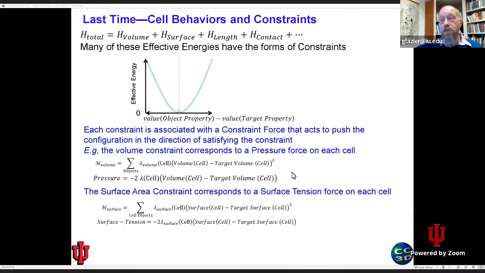So if we have a volume constraint, this is basically the equivalent of the ideal gas law. Think of a balloon full of gas. That balloon will have an equilibrium volume. If we compress it, we have to push on it. If we want to expand it, we have to pull on it. That expansion or compression is related to the pressure. And the pressure then is the difference between the actual volume and the target volume.